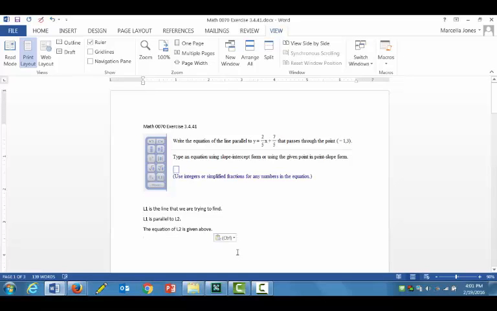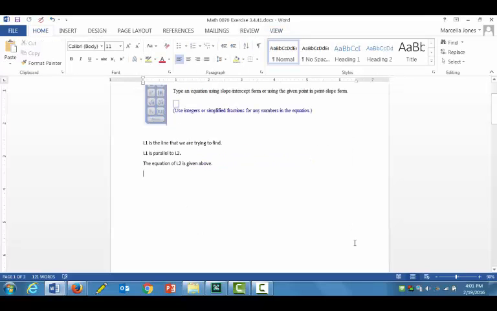Now the equation of L2, as I mentioned already, is the equation that's given above: y equals 2/5 x plus 7/5. The slope of L2 is 2/5. Since L1 and L2 are parallel, they'll have the same slope.